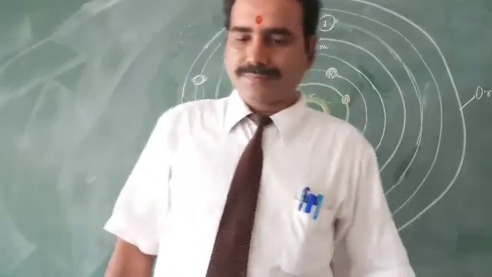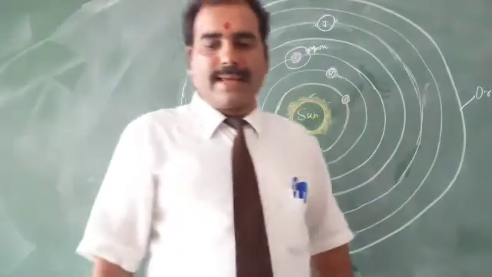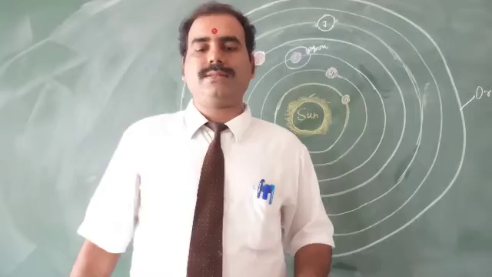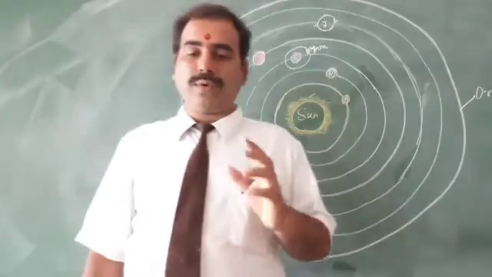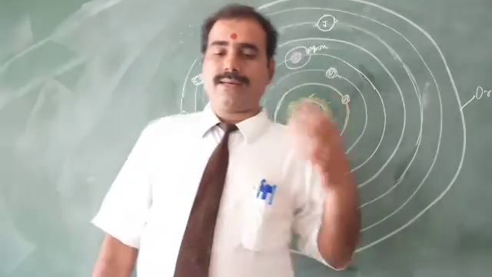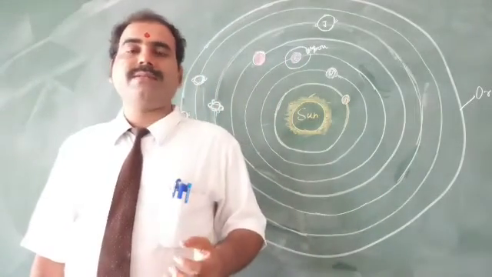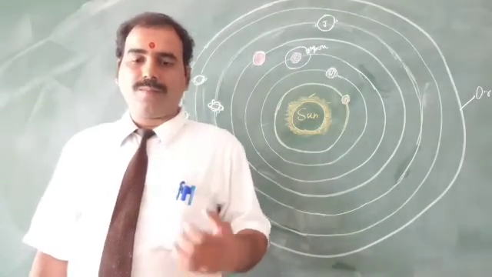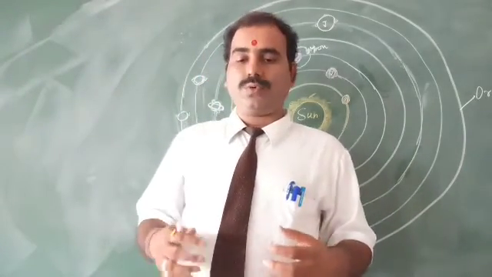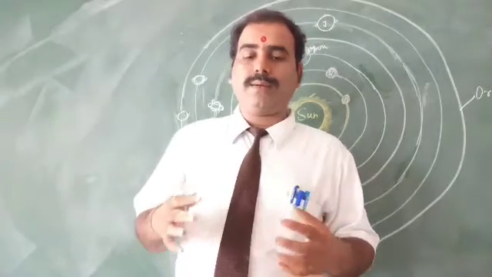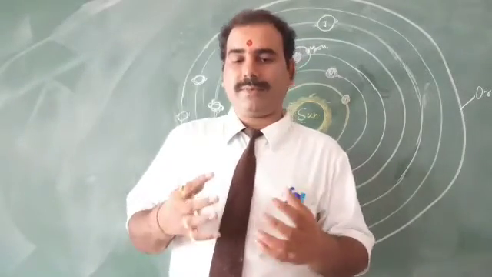Okay, students. The sun has its own light. Like other stars, the planets reflect the light of the sun. Moreover, like other stars, the sun emits its own heat too, and planets receive this heat from it.